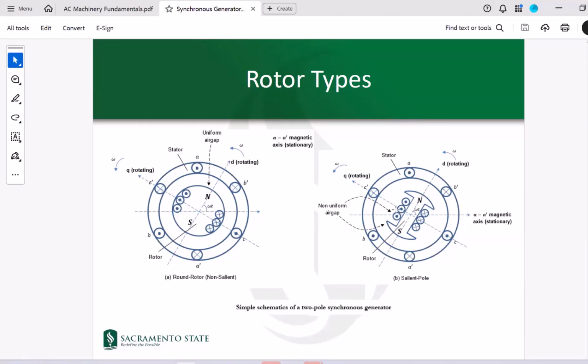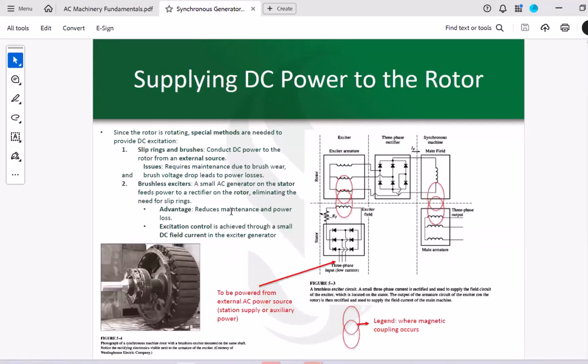As you can see here, we have non-uniform distance as the rotor is rotating inside the stator, the stator would see different air gaps. But here, the air gap as perceived by the stator, or somebody who's sitting on the stator as the rotor is rotating, would be fixed or doesn't change. Okay, so we're talking about the ways that we can provide that DC power to the rotor.